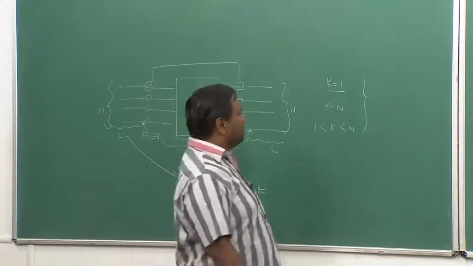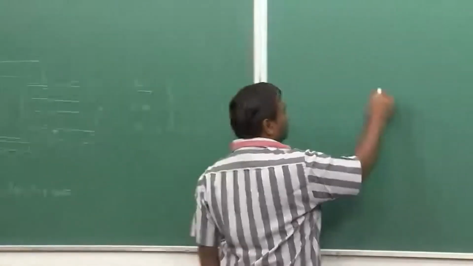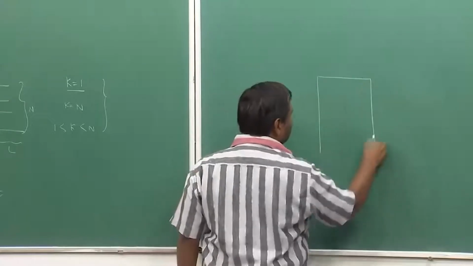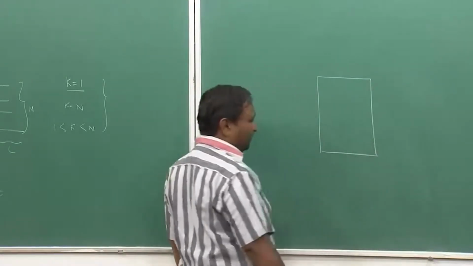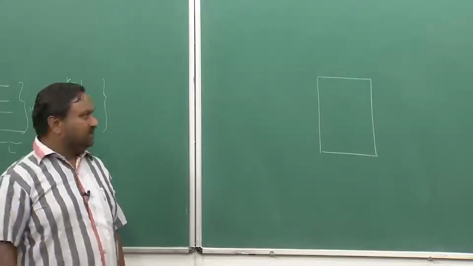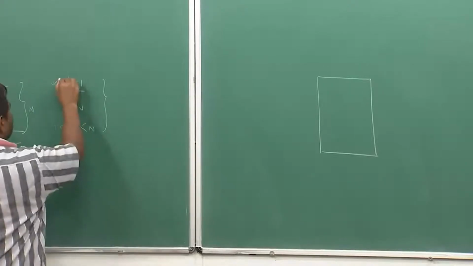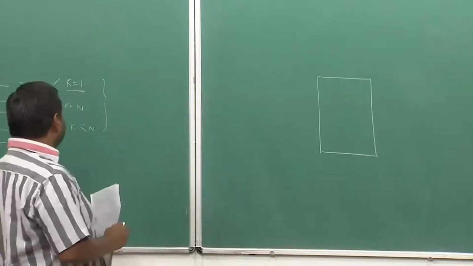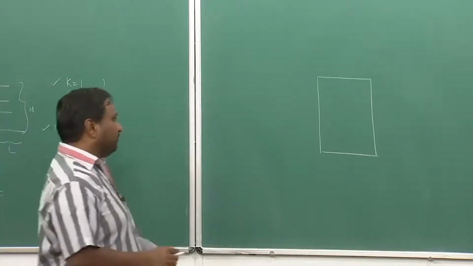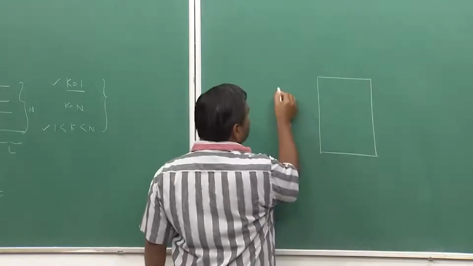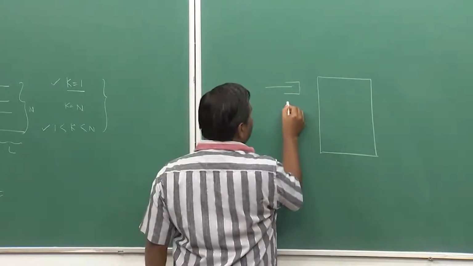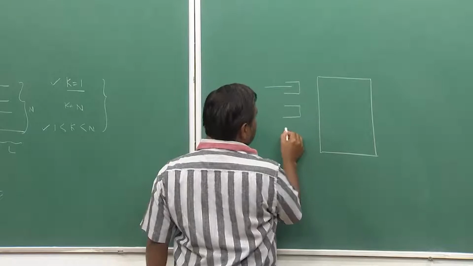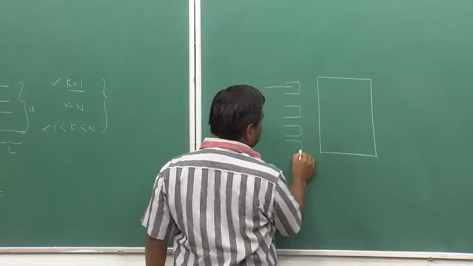Let us see what happens when k is equal to 1. We will define something called head of the line blocking. Head of the line blocking will happen in this case and can also happen in the intermediate case. It will never happen for k equal to n. In this case, the interface board will be like a queue, storing the packets.